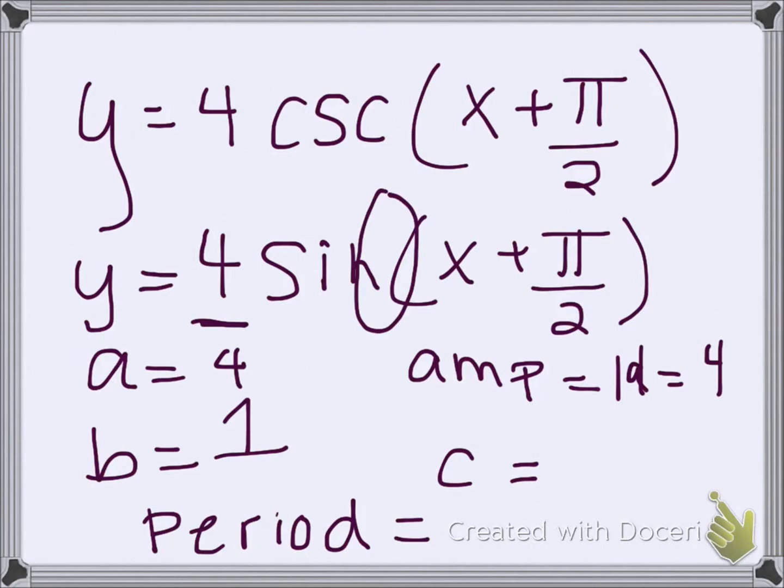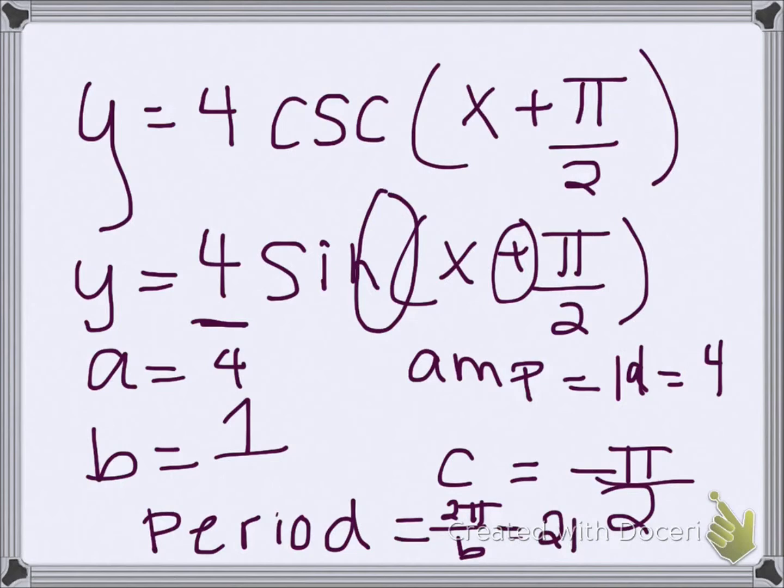And your C is always what follows the x. So in this case, it's negative pi over 2 because you have to change the sign that's here. Your period is always 2 pi over B. And in this case, since there's no B, it's only 1, it's 2 pi.